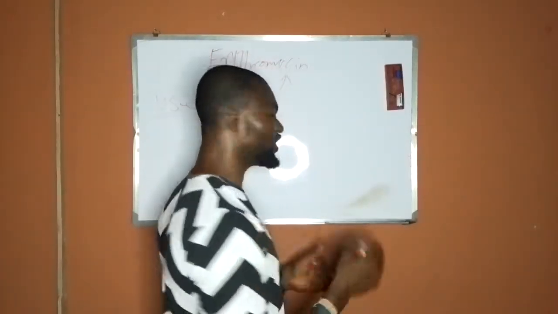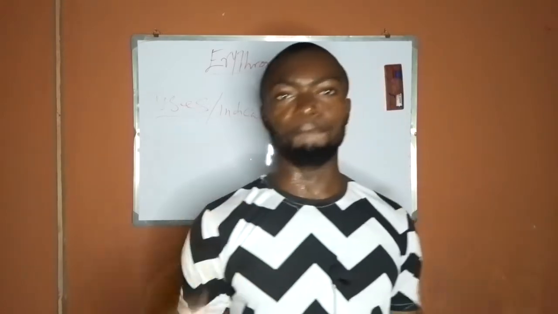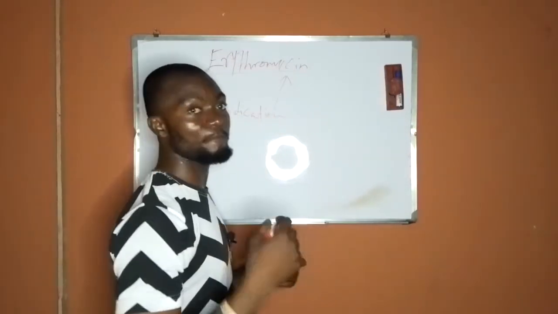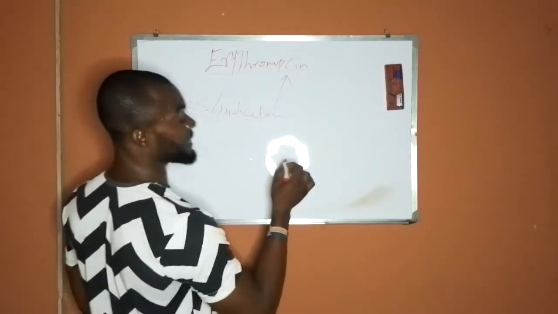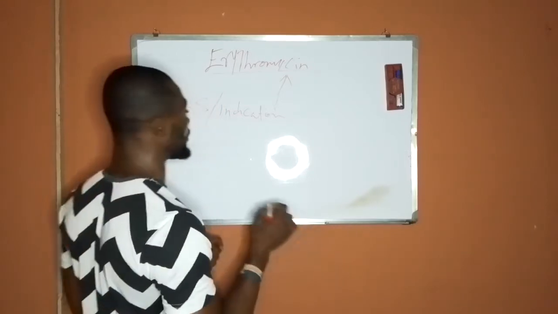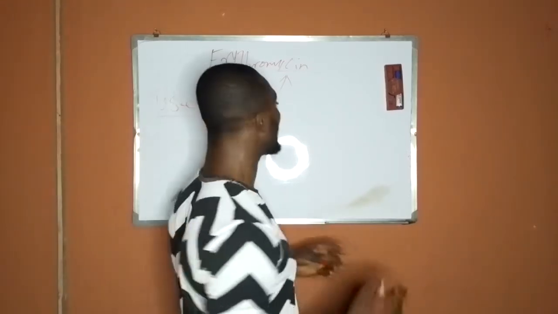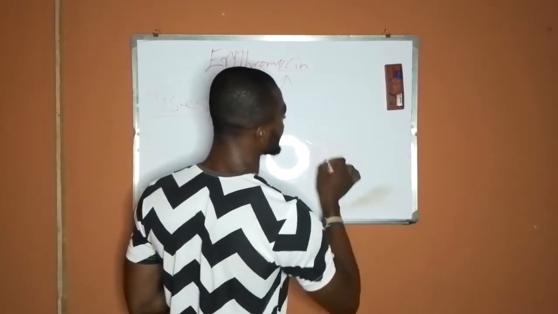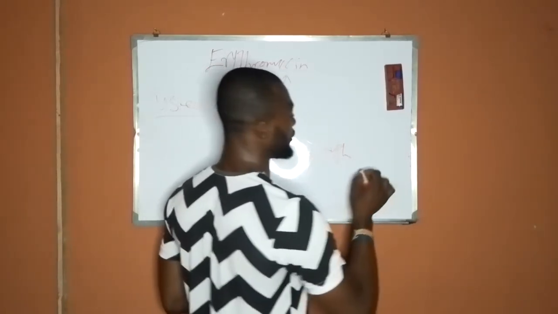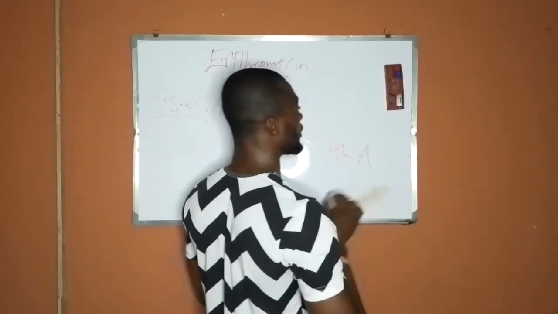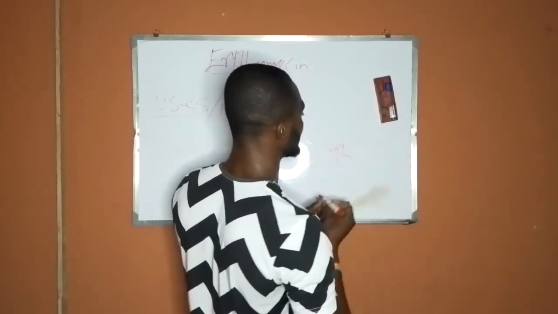Erythromycin can be used for the treatment of skin and soft tissue infections like cellulitis, boils, and other forms of rashes like impetigo. Okay, so why? Because it works against the bacteria that cause skin and soft tissue infection, which is called staph aureus or staphylococcus.